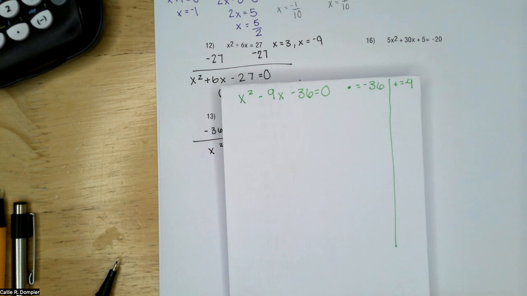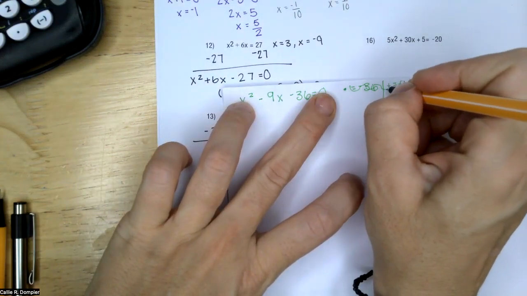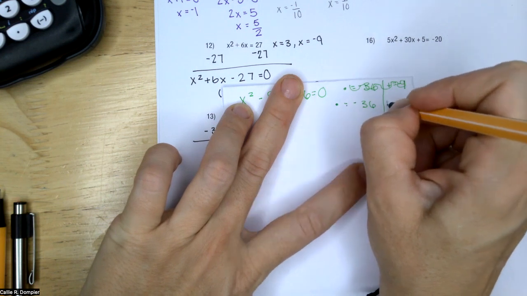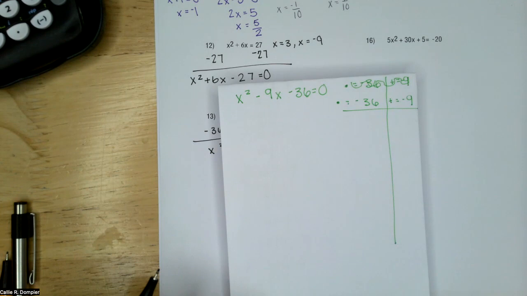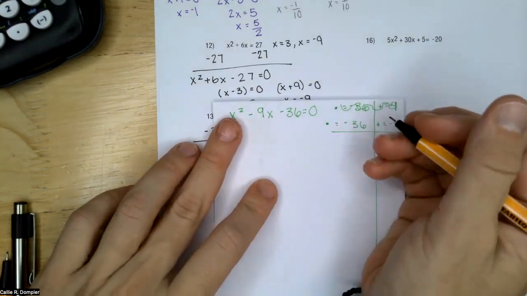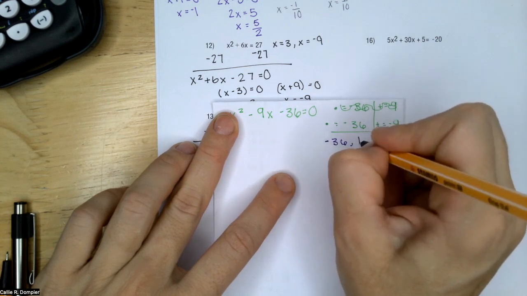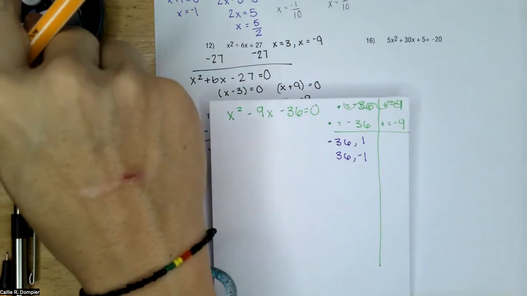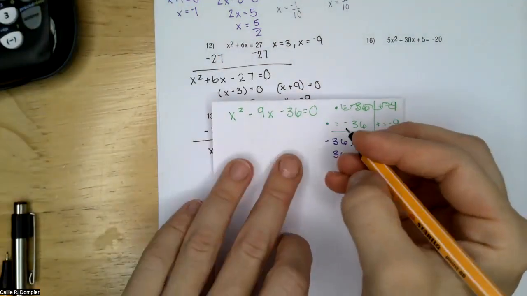Right? Multiply to equal negative 36, add to equal, I'm going to write it again. Multiply to equal negative 36, add to equal negative 9. Negative 36 is going to be negative 36 and 1, positive 36 and negative 1. 36 divided by 2 is 18.